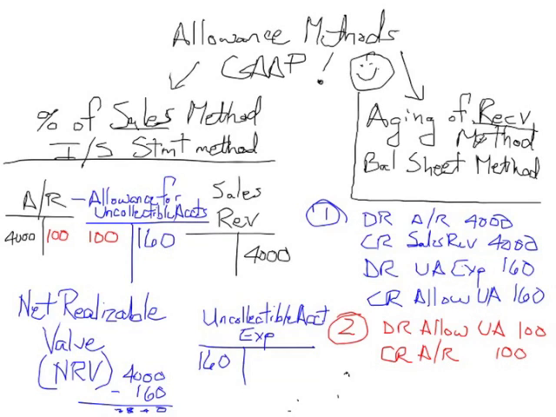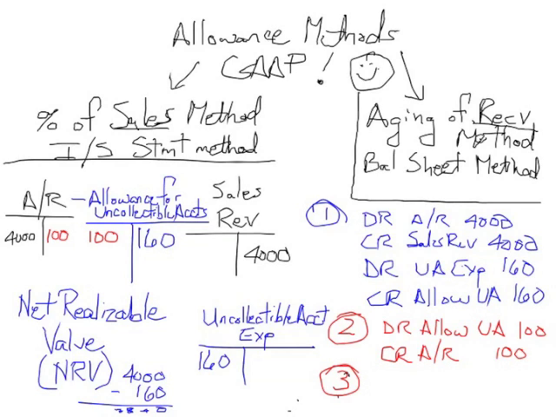All right, so now, step 3. We've given up on collecting that $100, but what if they come back and they pay it? Oh, man. Well, we have to undo step 2. We just reverse it.